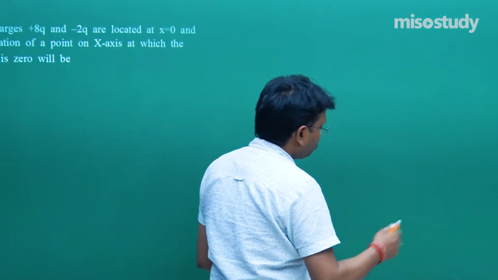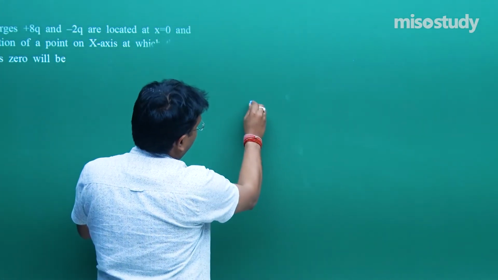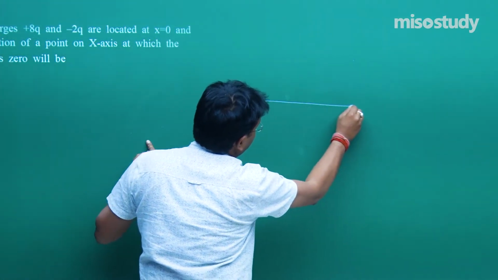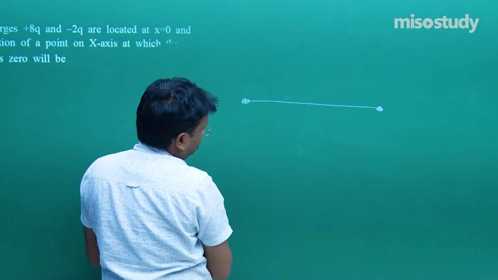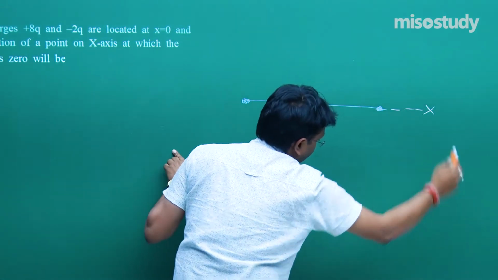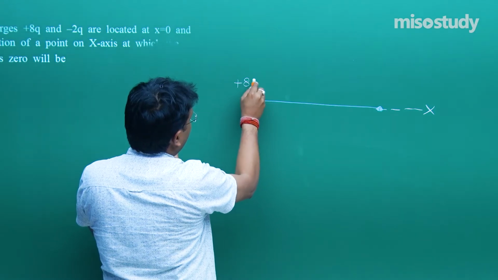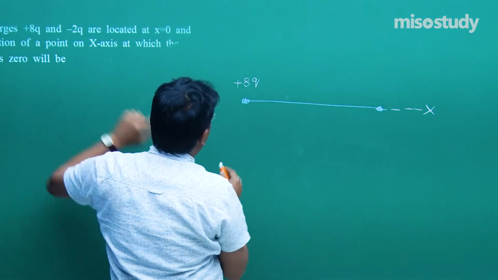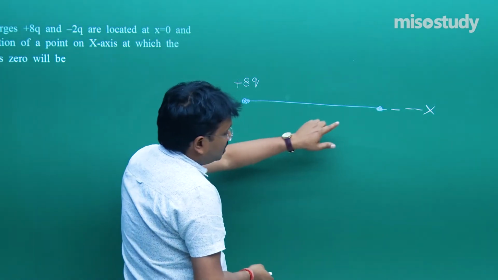Allow me to draw the diagram. This is nothing but x-axis. Let us say this is plus 8q as given in the problem, and this is going to be minus 2q.